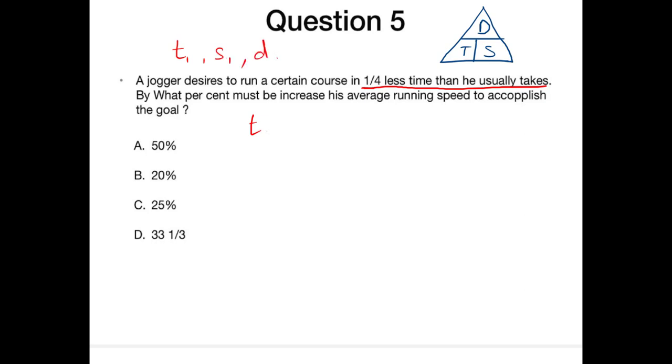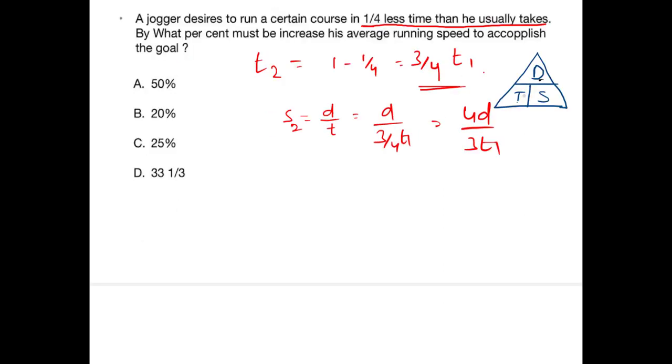The second time he is going to take is T2, which is going to be 1 minus 1 by 4, so it's going to be 3 by 4 T1. Okay, D is equal to S into T, so let's write D is equal to S1 T1, and it will be equal to S2 into T2.